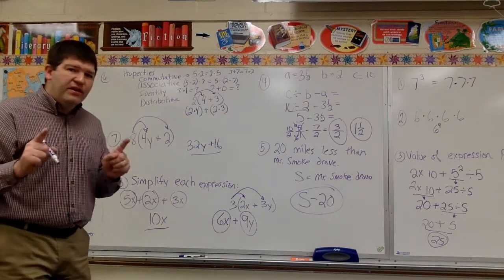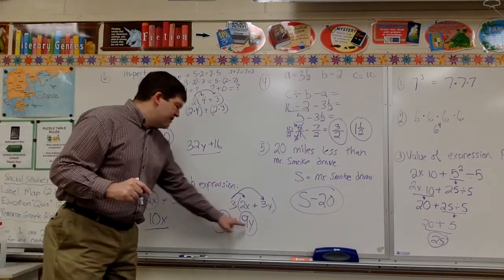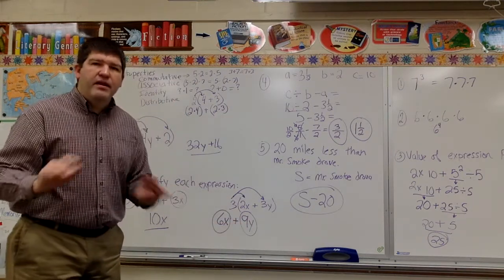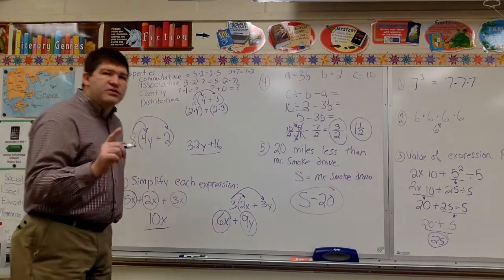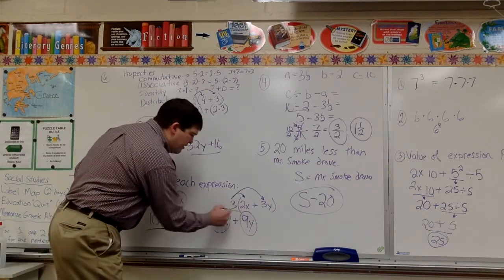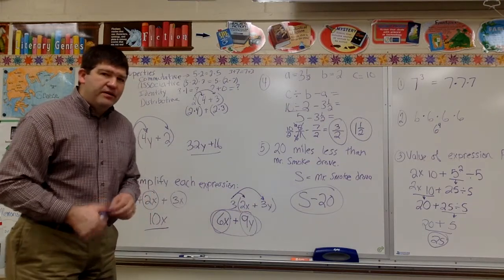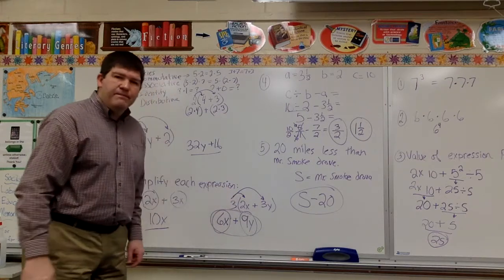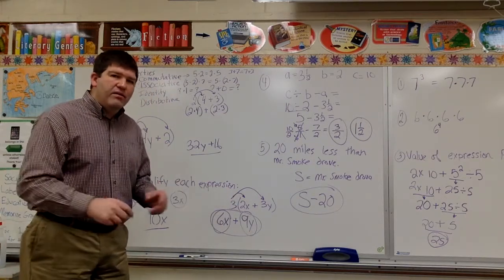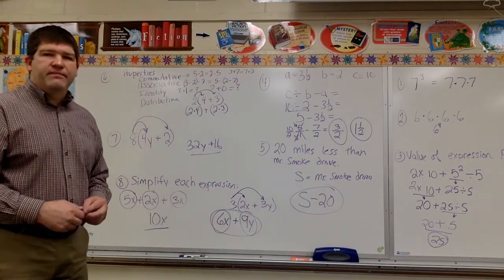They both have a variable, but is the variable the same? x, y. No, nothing is like. They are not like terms. So this right here is the simplified expression to this. Okay, you can't go any simpler because you can't put these two terms together.